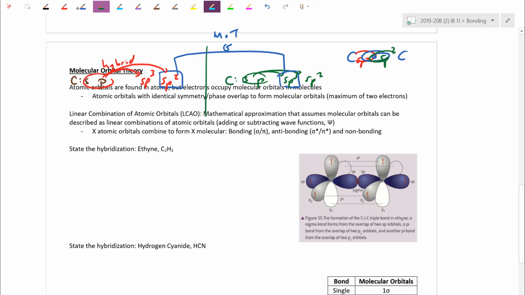I'm just drawing it as one single molecular orbital. I'm just drawing it as, oh, that's just a sigma attraction between the two bonds. And now through hybridizing again, we call it molecular orbitals. This is now an orbital that belongs to the entire molecule. Now the carbon on the left doesn't have an sp2 anymore. The carbon on the right doesn't have an sp2. They both together share the sigma bond. In a similar fashion here, we can actually use our unhybridized.